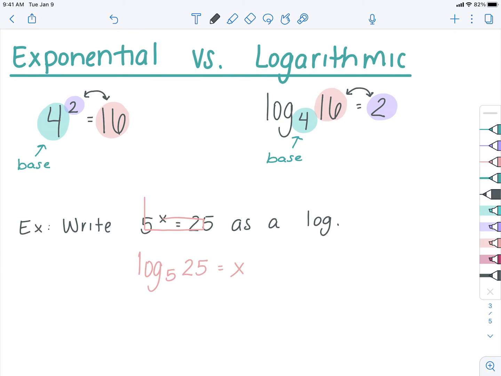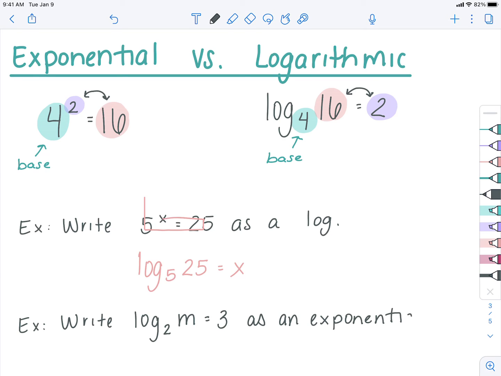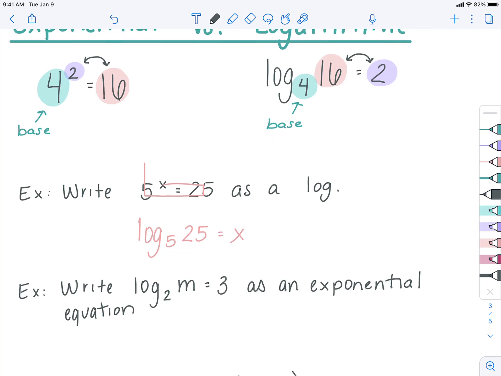If I wanted to go the other way, if I had, for example, write log base 2 of m equals 3 as an exponential equation, or I could say an exponential form, same thing.